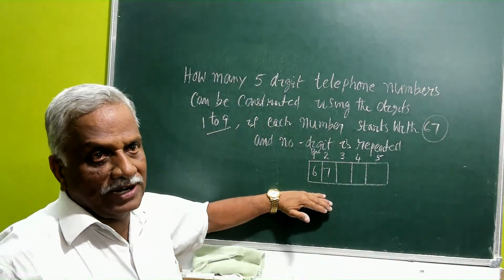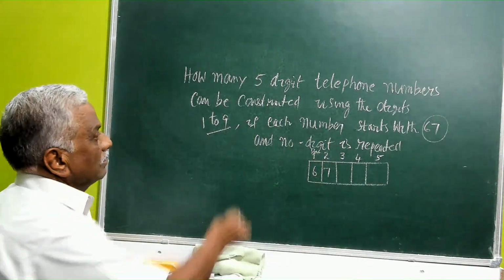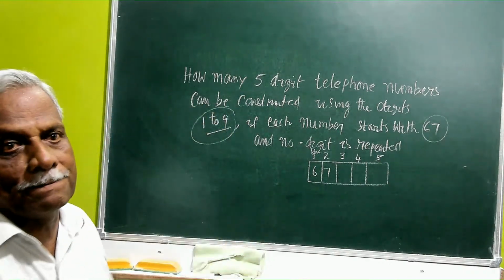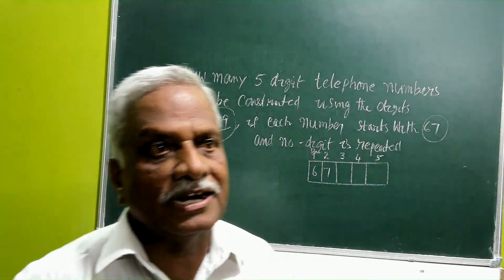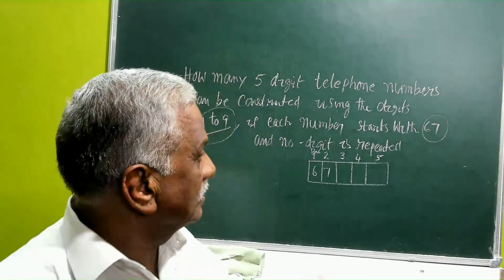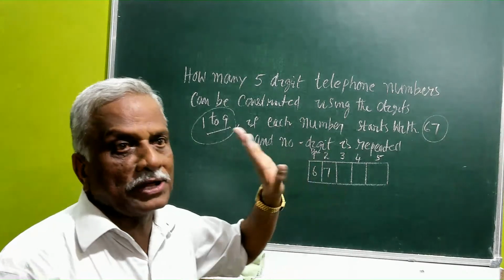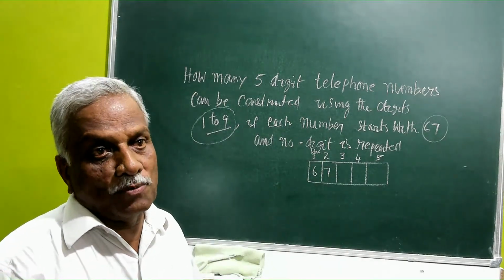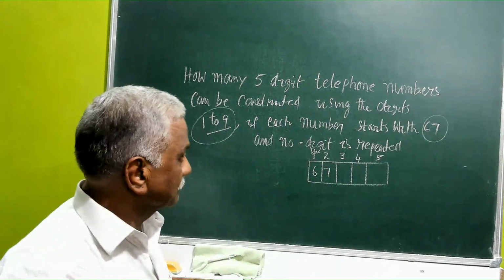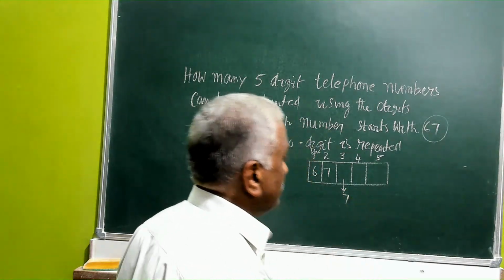Now the 2 boxes are filled. We are going to fill 3 more boxes. But how many numbers are there from 1 to 9? There are 9 digits. If I take from 0 to 9, there are 10 numbers. Out of it, 2 are already used. How many are left over? 7. So you can fill this box in 7 ways.